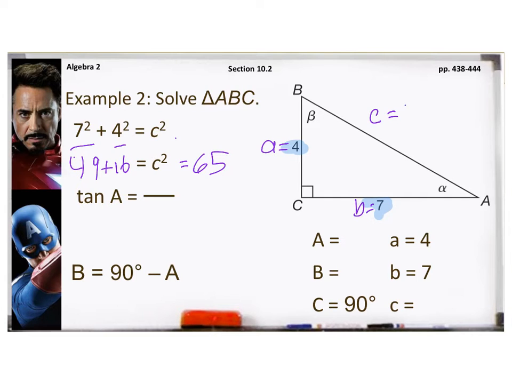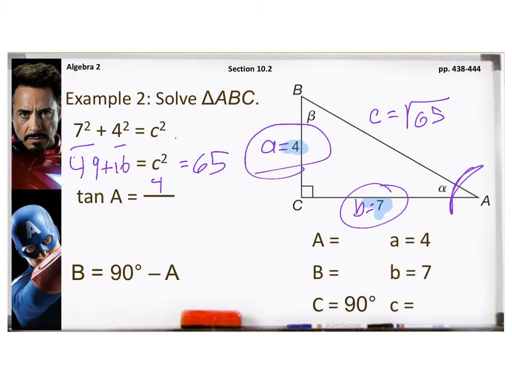So C is the square root of 65. So the tangent of A, remember this is A, is opposite over adjacent. So my tan is 4/7.